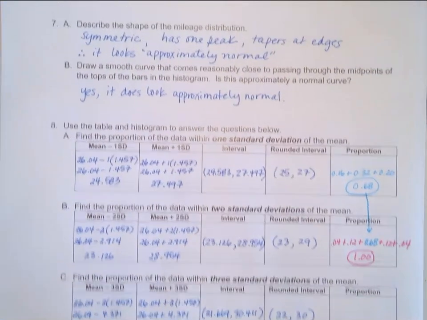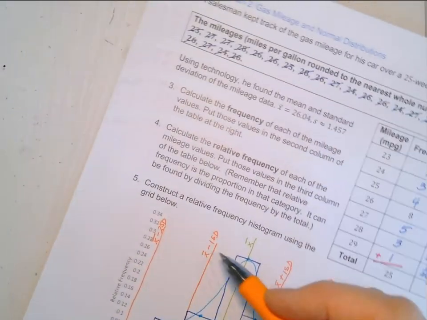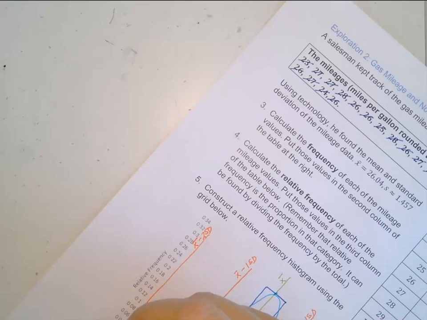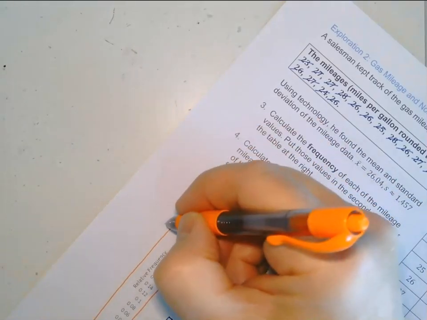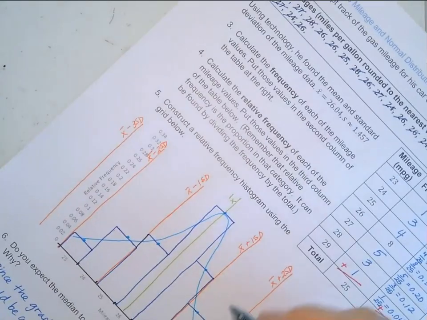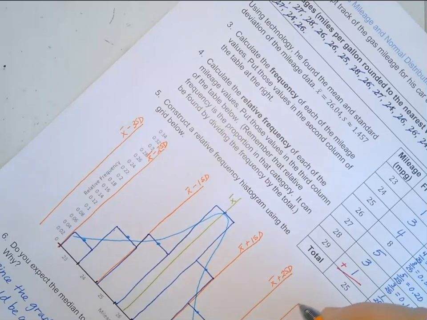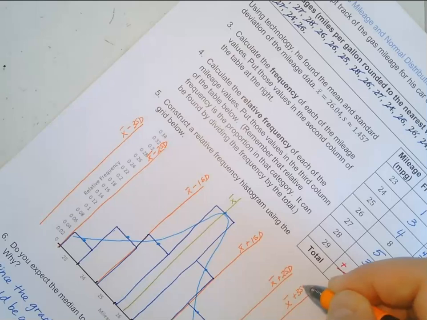Well, if I come here and go from 22 to 30, 22 and 30 aren't even on my graph, are they? So for the sake of just putting it on here, this is x bar minus 3 standard deviations. And then I would have one over here. This would be x bar plus 3 standard deviations.